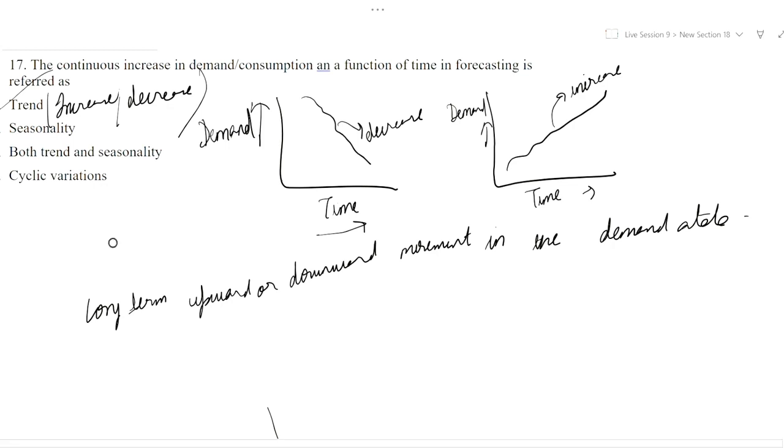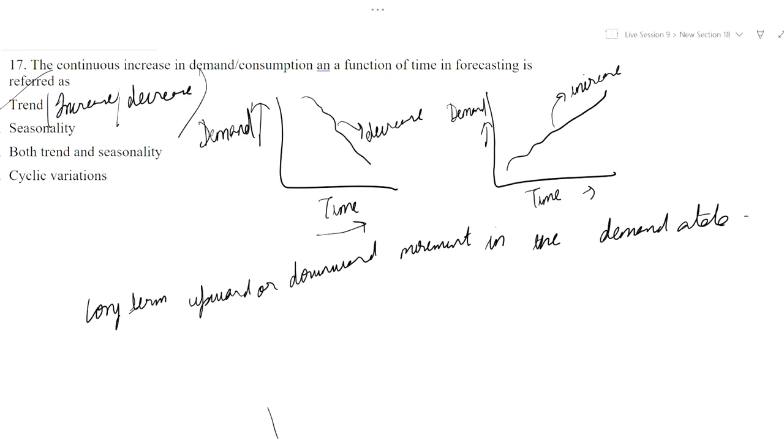Apart from this, there is also residual or random fluctuation. Here the variation remains in the system when all other variations we have taken into account, but still some variations come into account. So that is known as random or irregular variation.